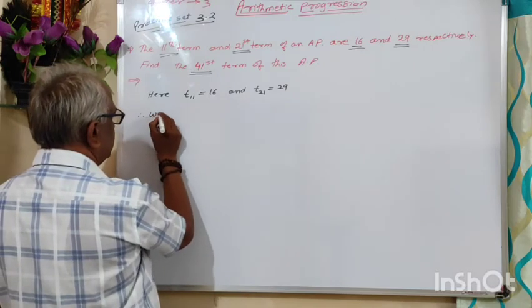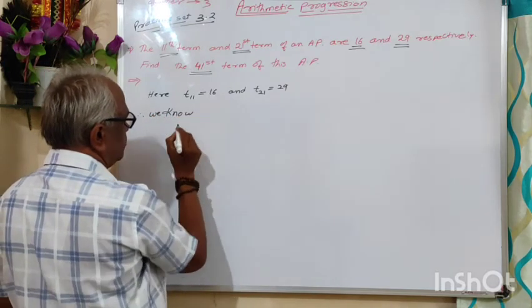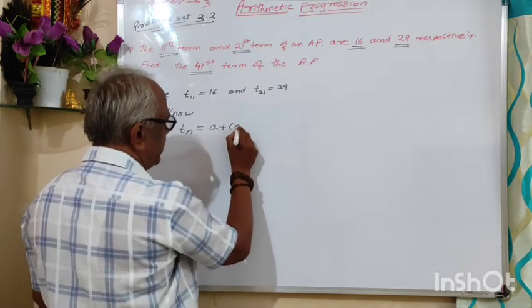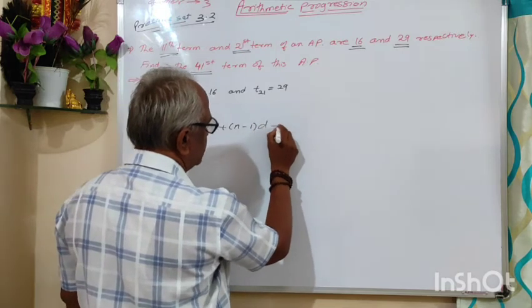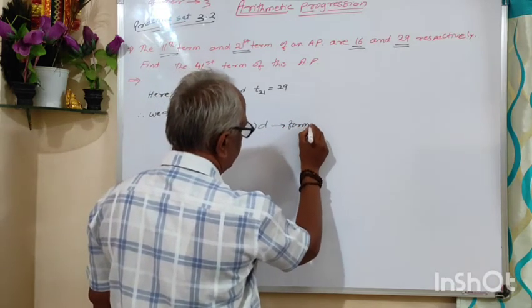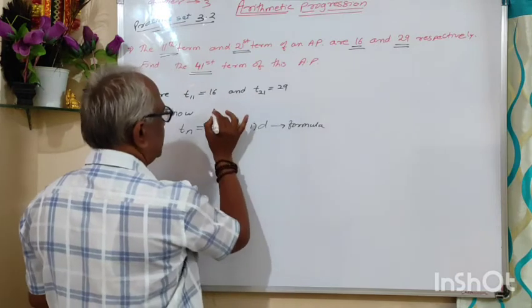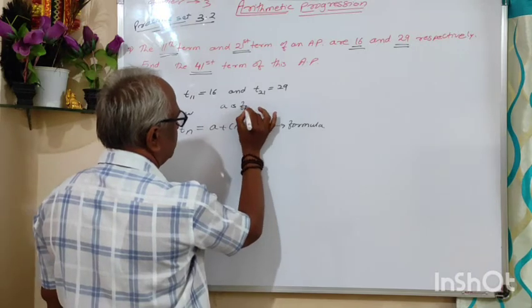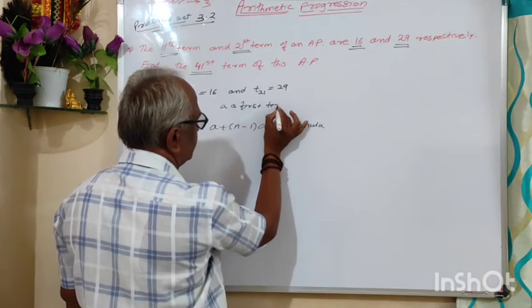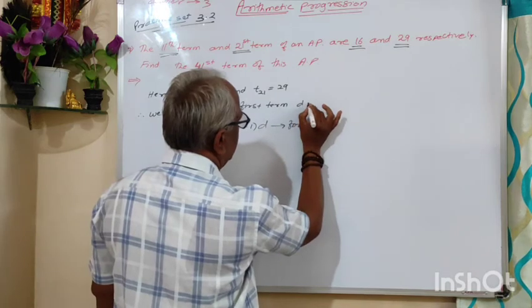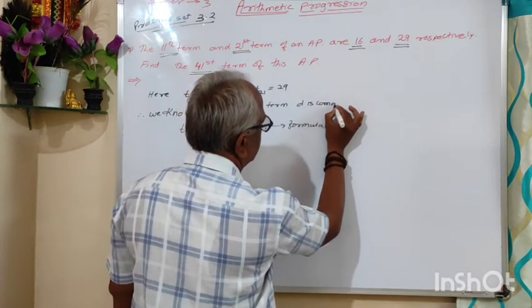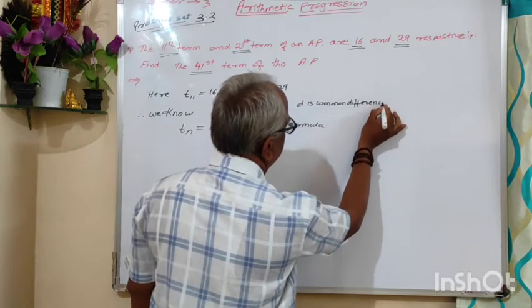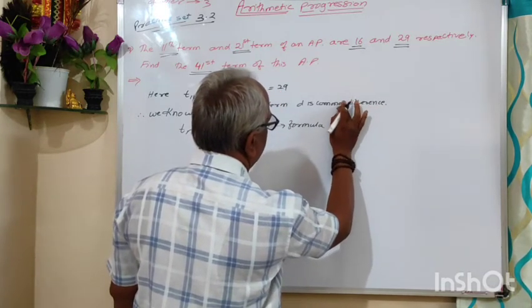We know Tn is equal to A plus in bracket n minus 1 into D. This is our formula, where A is the first term and D is the common difference.